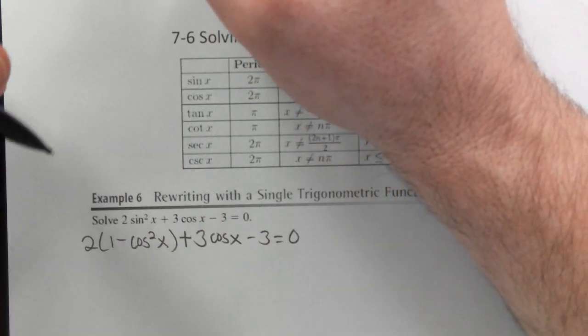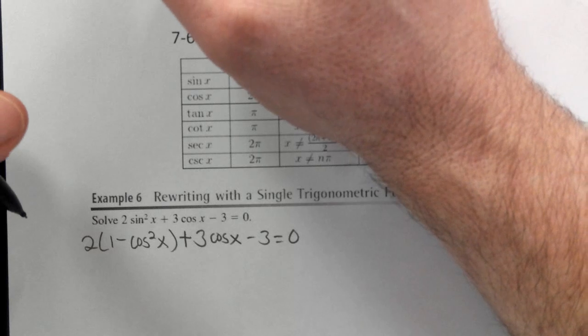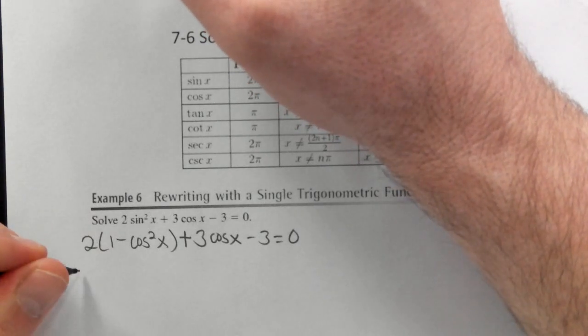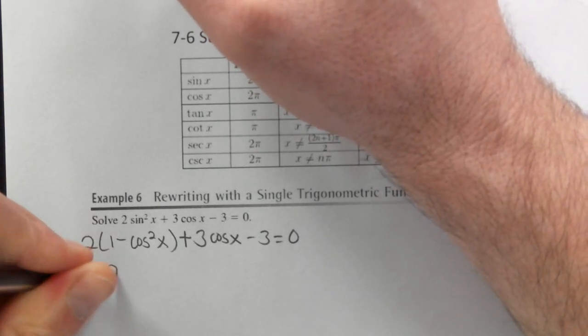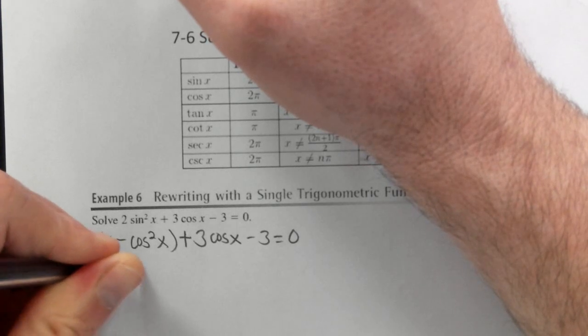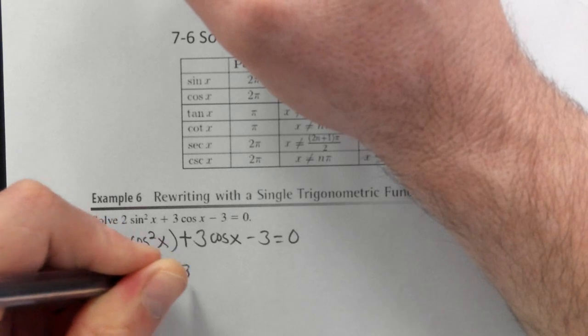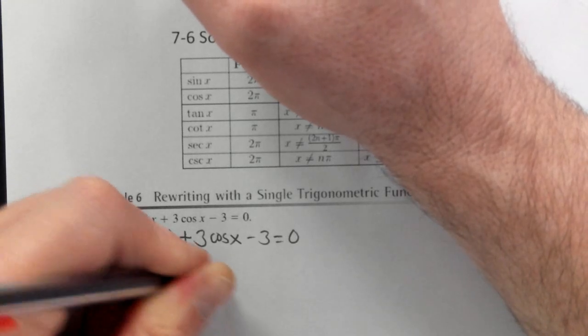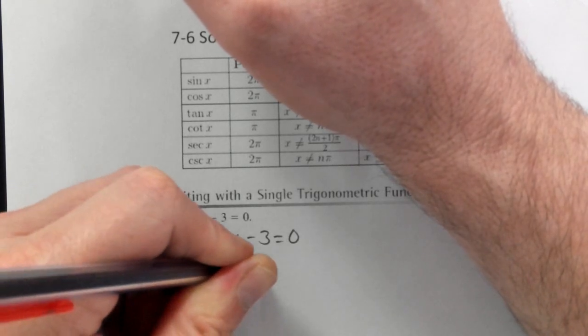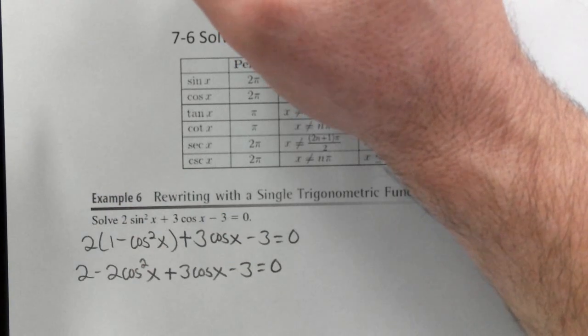Alright, so from here, what's next? We can use the distributive property. That'll make 2 minus 2 cosine squared x plus 3 cosine x minus 3 equals 0.